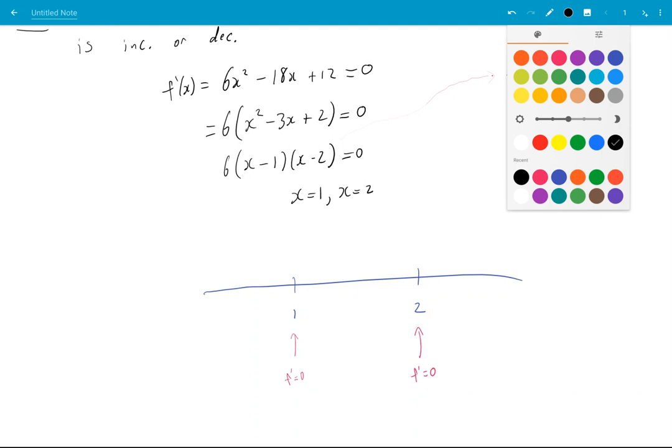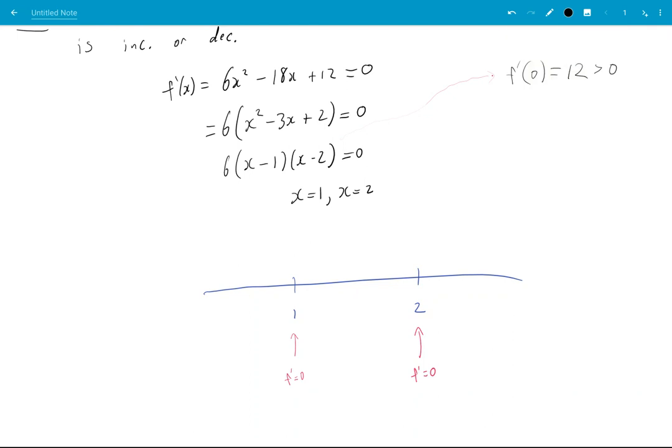So f prime of 0 is positive. So over here I can conclude that f prime is always positive. Well, how do I know that?